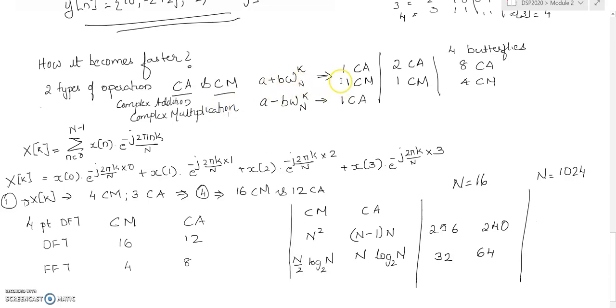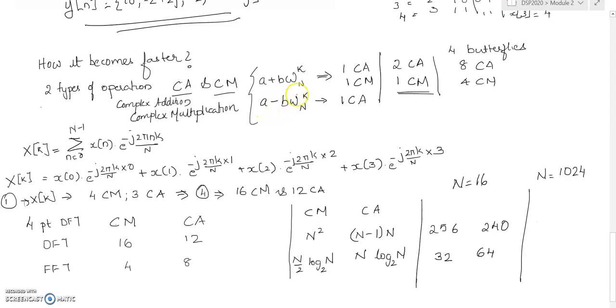So to implement a butterfly, we see that these are the two formulas: a plus b wnk and a minus b wnk. So in implementing a butterfly, which is given by this formula, there is only one complex multiplication, since the product b wnk appears in the next term also. But there are two complex additions happening: a plus b wnk, and a minus b wnk, which can be treated as a plus minus b wnk.